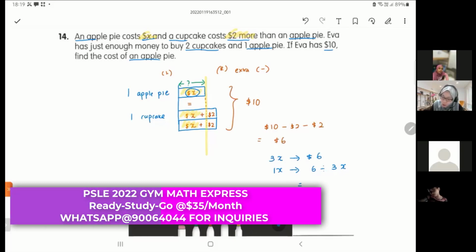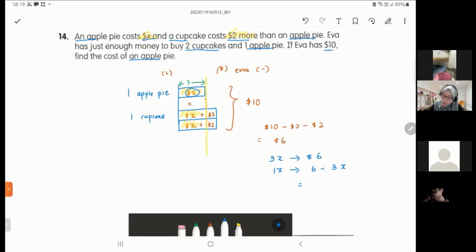In this case, this $6 is divided by 3 boxes. To find 1x, I can just ignore the x here because I'm finding one box. So 6 divided by 3 equals $2. So the answer: what is the cost of one apple pie? It is $2. Done.